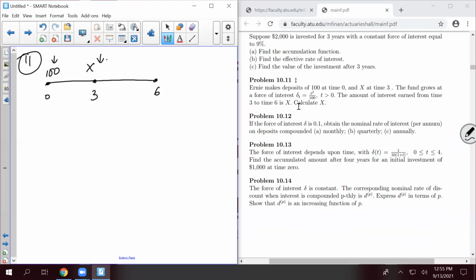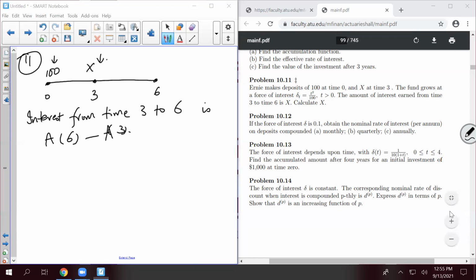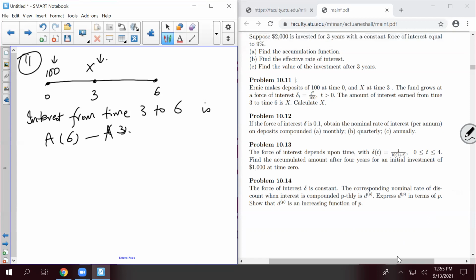So interest from time 3 to 6 is A of 6 minus A of 3. Okay.